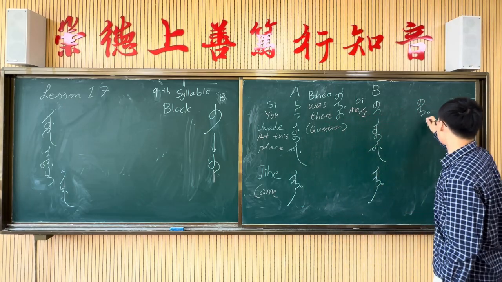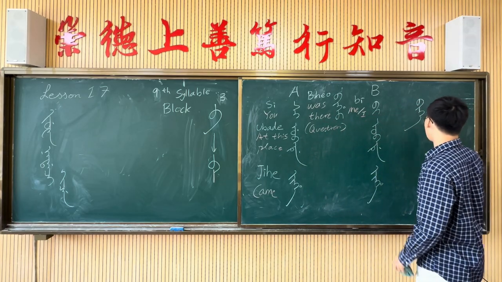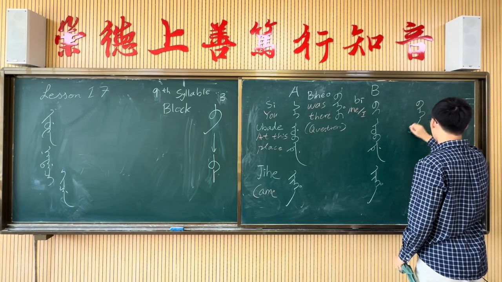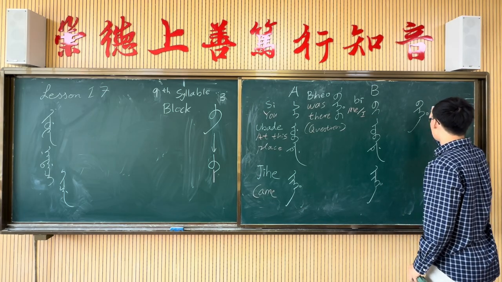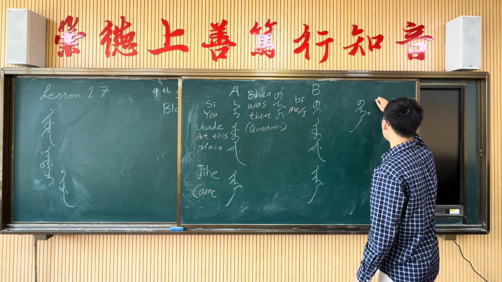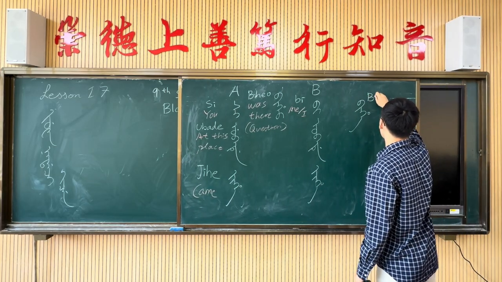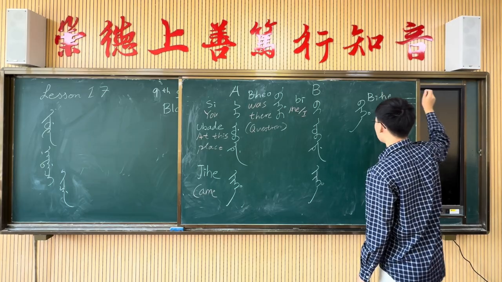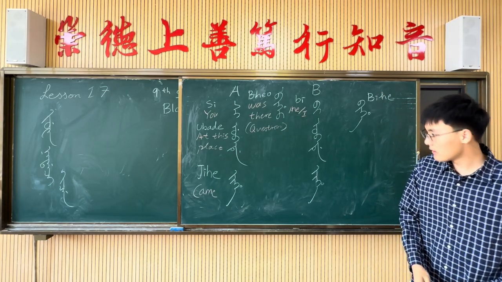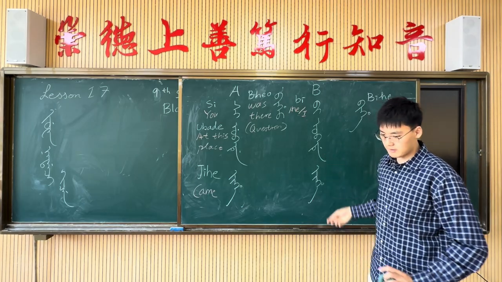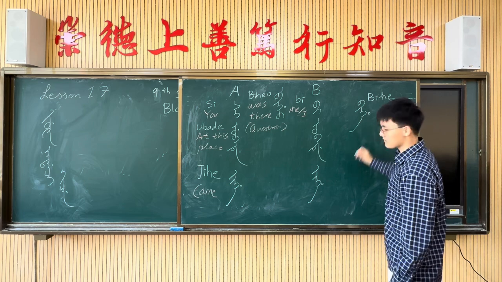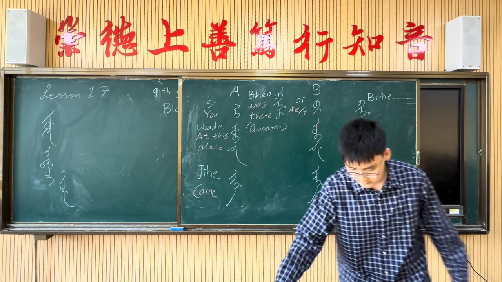Let's rewrite this. 比何, right? 58的几何比何. Now we already know what ubada and 几何 mean, so I'm going to just write 比何. 比何 just means was there.